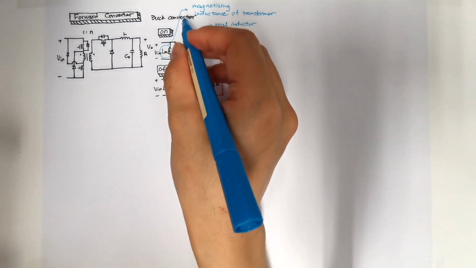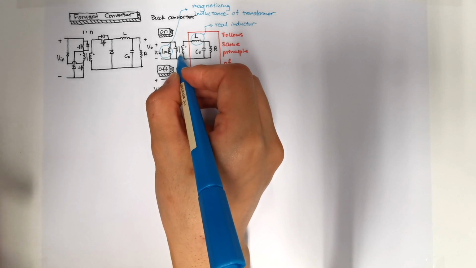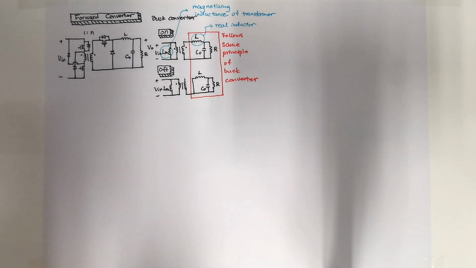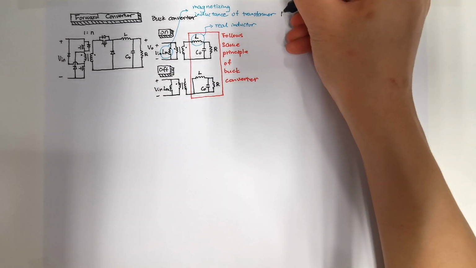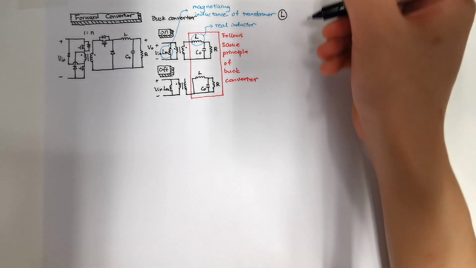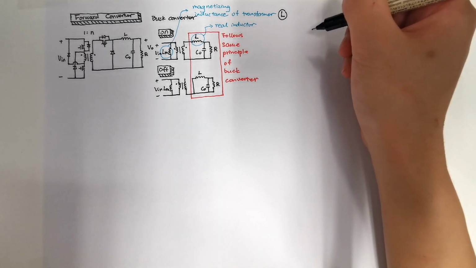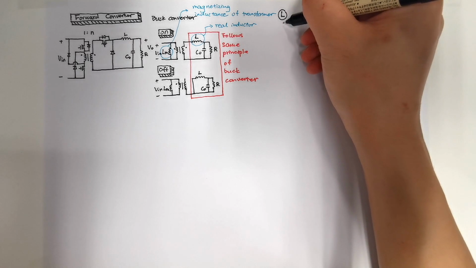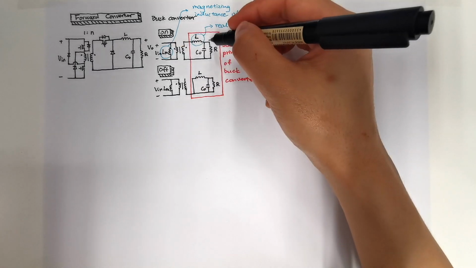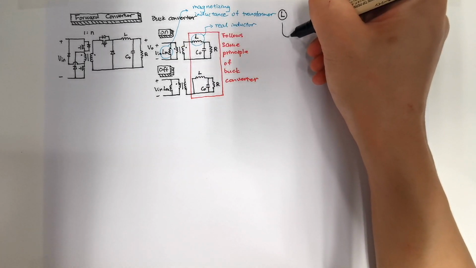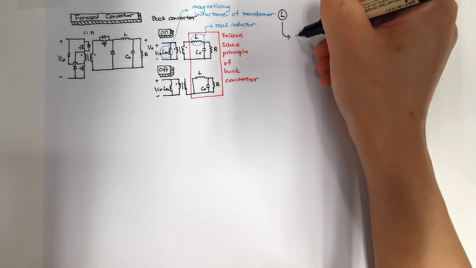We just split that from the transformer for our analysis. Let's look at our inductors. And when we look at our inductors, we need to analyze both. So let's first have a look at our Lm.